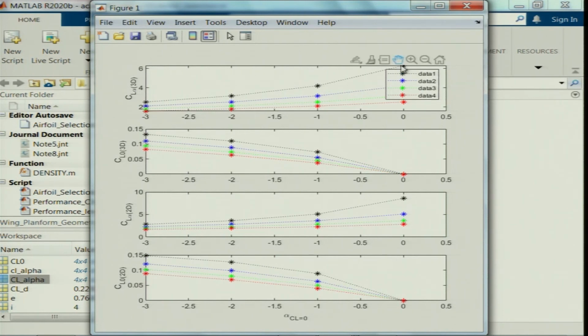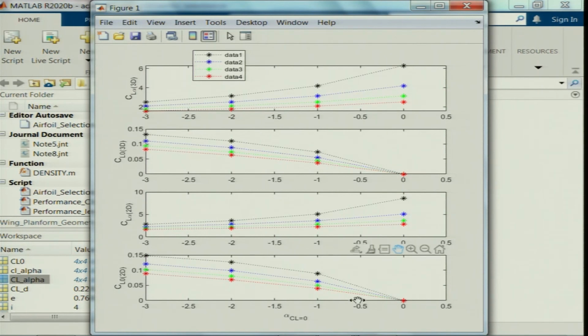The CL alpha 3D itself is close to 6.6 or 6.2 per radian, which is quite high, is it not. For a symmetric aerofoil at the same trim alpha, that corresponds to data 1 here. If I have a cambered aerofoil which has alpha at which CL is 0 at minus 0.5 degree, then it drops down to about 5.3.